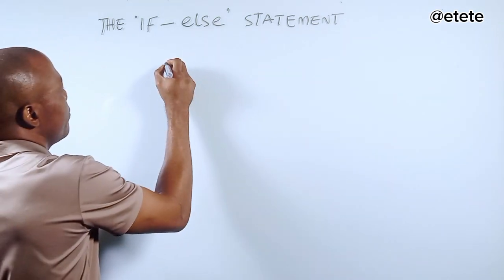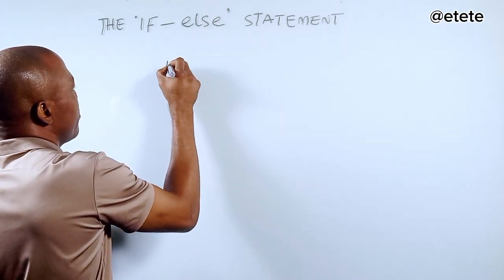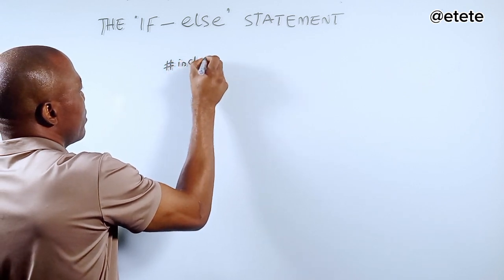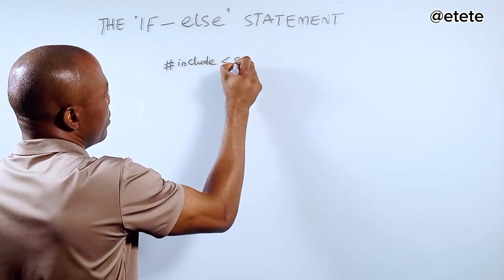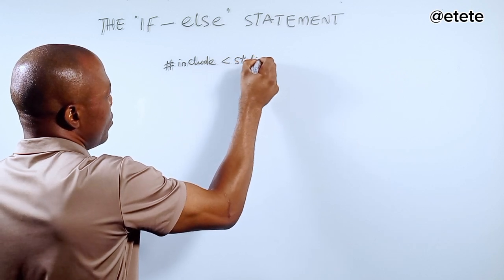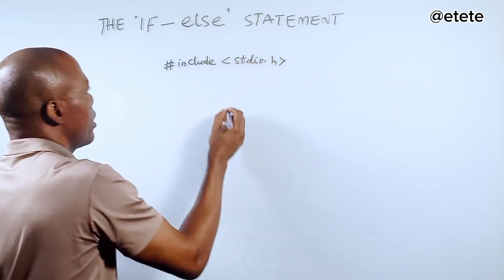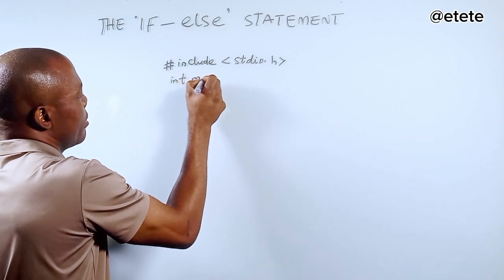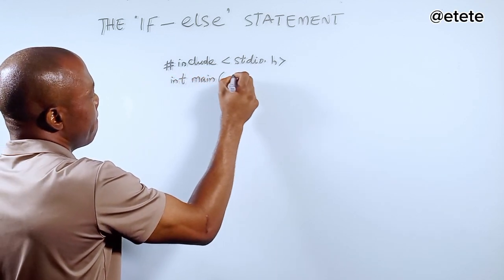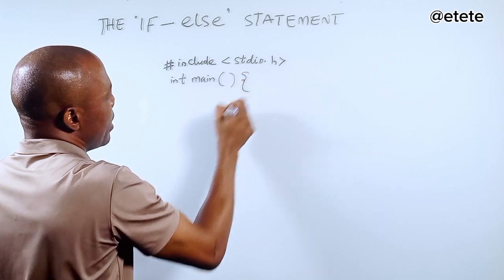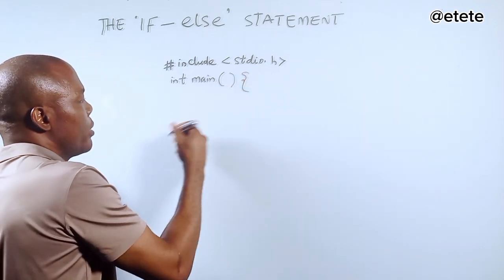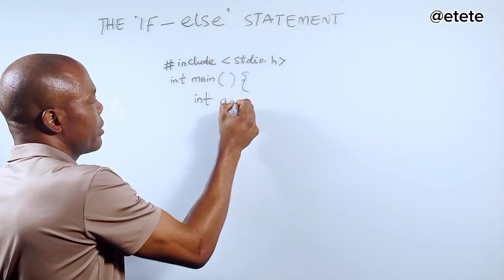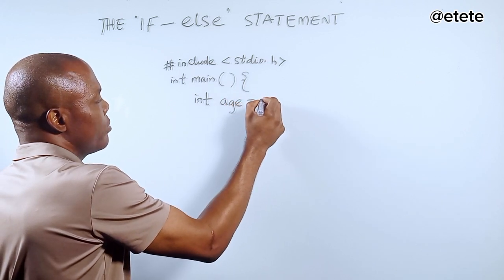So we have include stdio dot h, and then in main, our main function, then we'll declare our variable, the integer age, and then we assign a value to it.